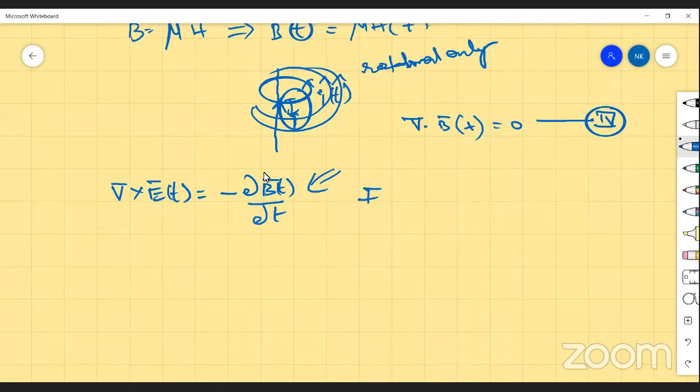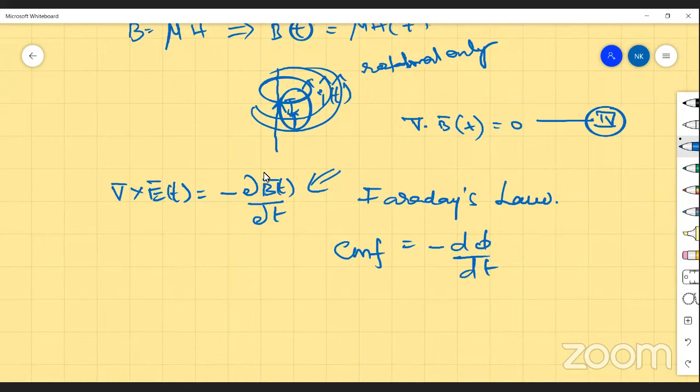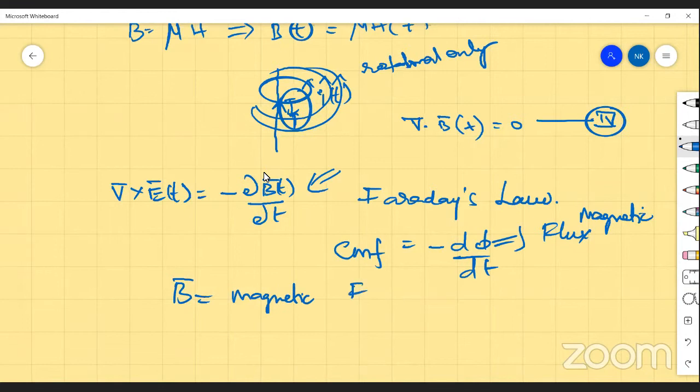It is Faraday's law. EMF is equal to minus d phi by dt. What is phi? Magnetic flux. And what is B bar? Magnetic flux density.